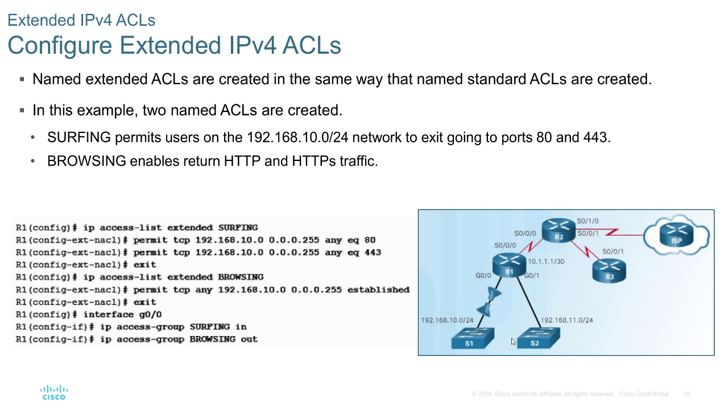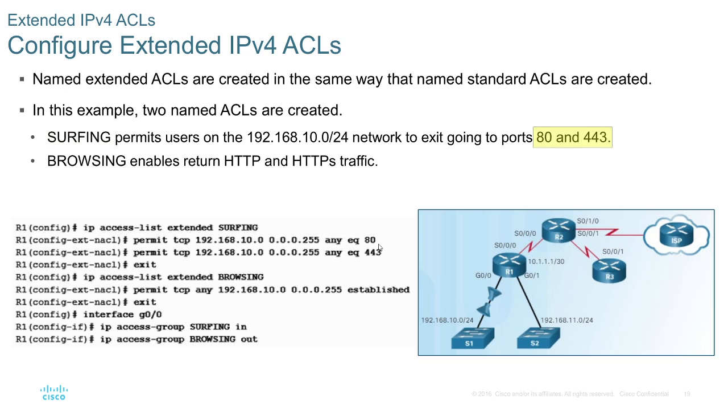So when it comes to named ACLs, extended named ACLs, again, the main point here is we will have names identifying the ACLs instead of numbers. Say, for example, the surfing list is the one that is going to allow access to 80 and 443.